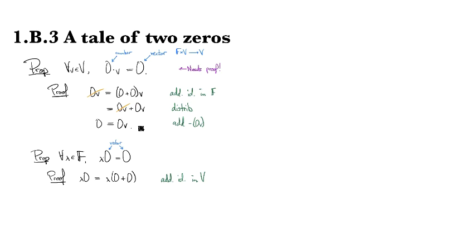Then I can use the other form of distributivity, distributing over a sum of vectors. And then I can again add minus lambda 0 to both sides and cancel.